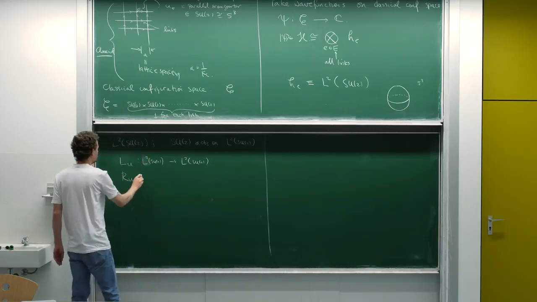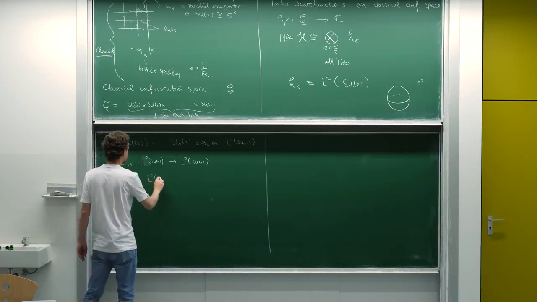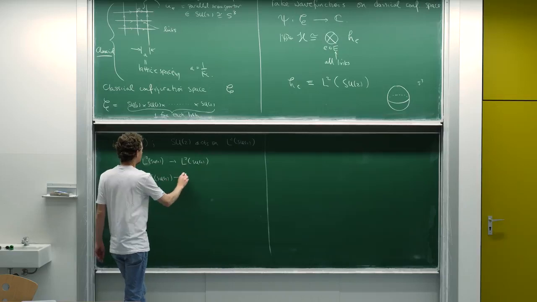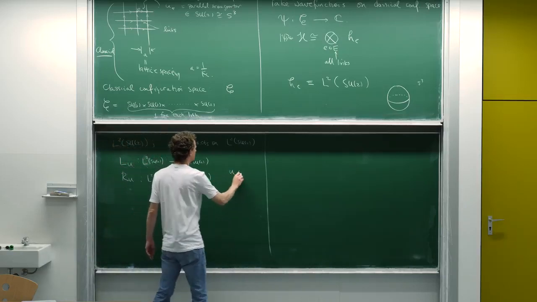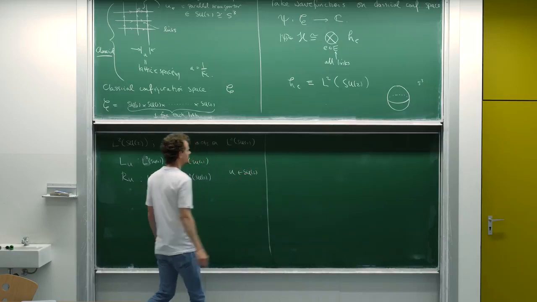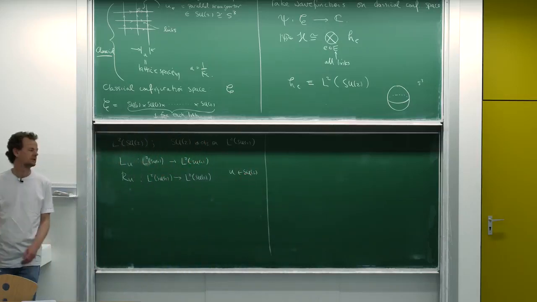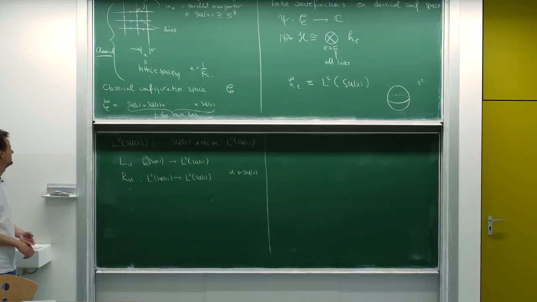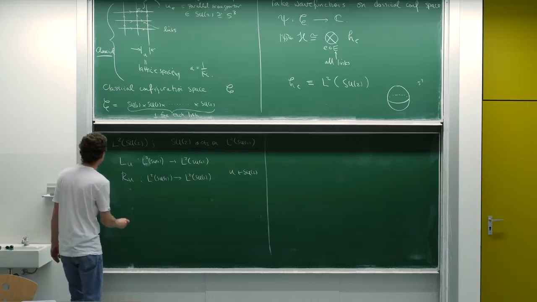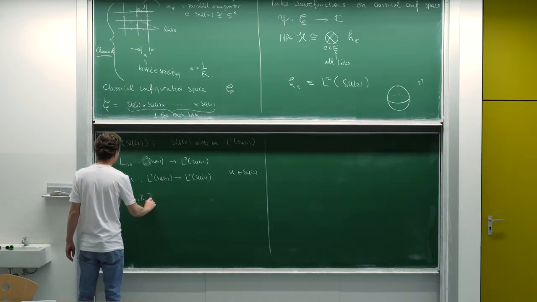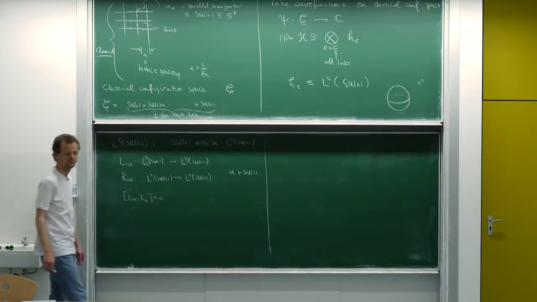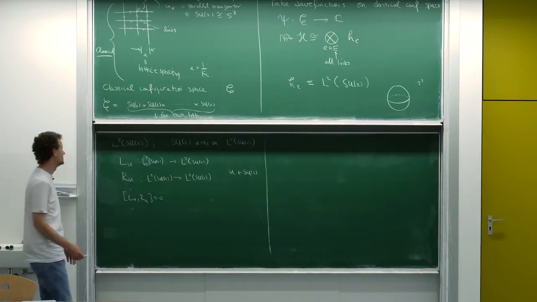Left and right multiplication by some SU2 unitary. So this is a unitary action. L_U is unitary, R_U is unitary, and in fact these guys commute with each other. So this forms a representation.